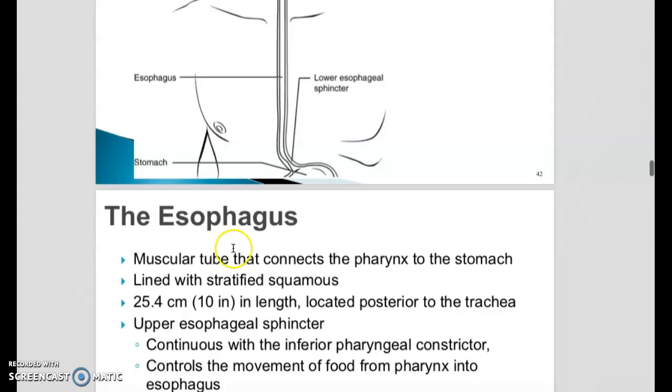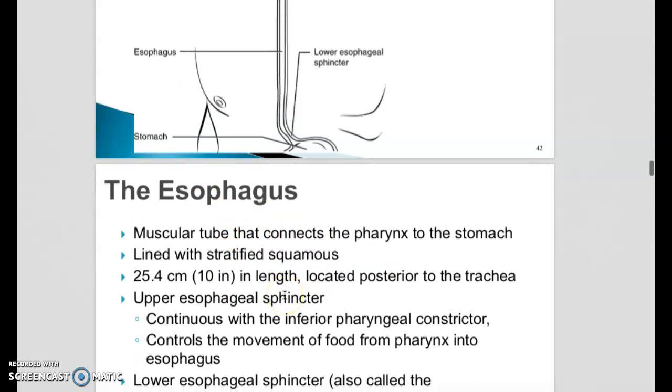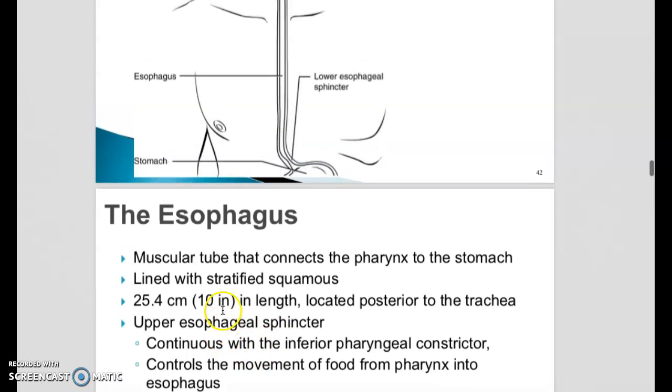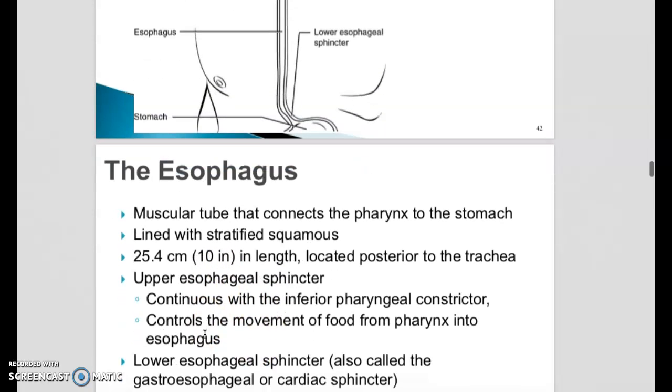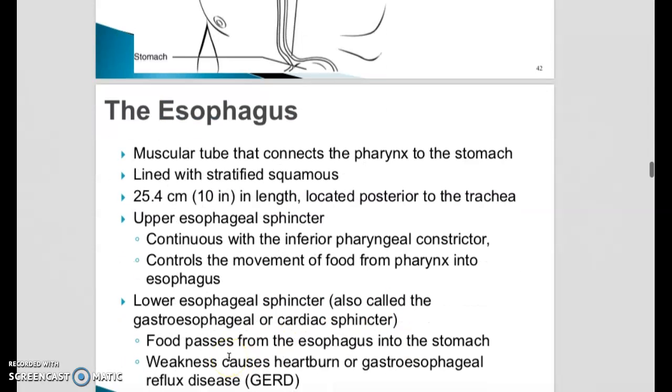The esophagus is a muscular tube that connects the pharynx to the stomach. One part is the upper esophageal sphincter, which is continuous with the pharyngeal constrictor and controls the movement from the pharynx into the esophagus.